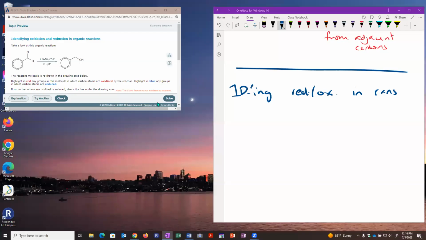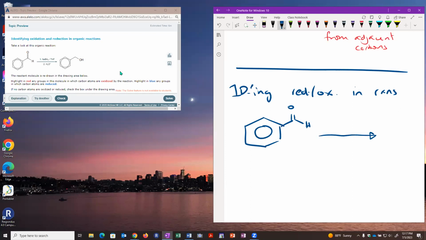All right, so now we're going to take a look, kind of similar to what we looked at previously, at identifying reduction and oxidation in organic reactions. And again, here we're comparing the reactants that we're starting with to the products that we end up with. You have a bunch of stuff here in the middle.